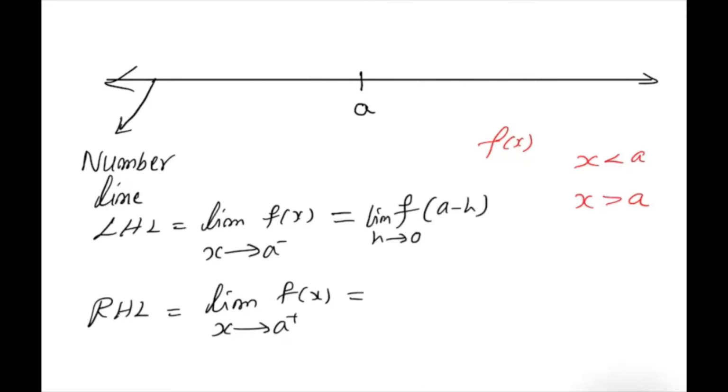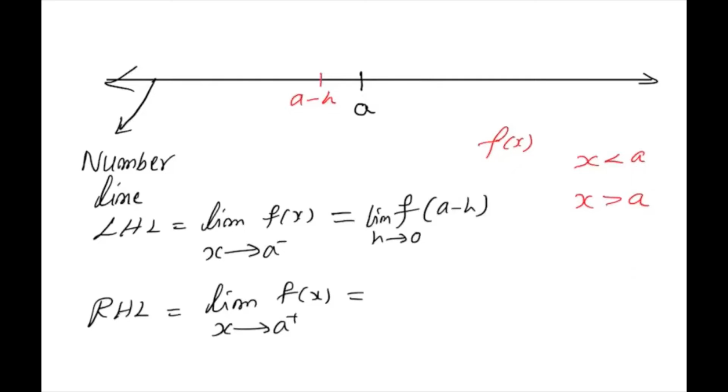That is because you are moving to the left of a, that is a minus h. h is a very small number. Now as h tends to 0, a minus h becomes a. Rather, you are moving towards a from the left. So that gives the left-hand limit.